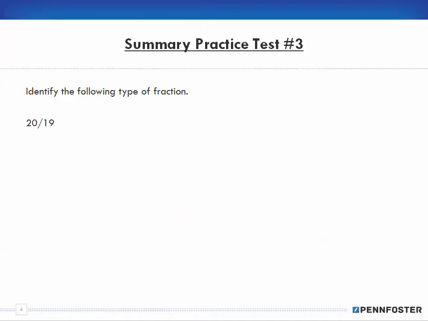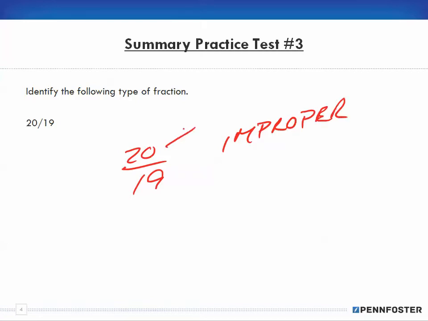Question number 3. Identify this type of fraction. If you look at question number 1, now you know that 20 over 19 is an improper fraction because the numerator is greater than the denominator.